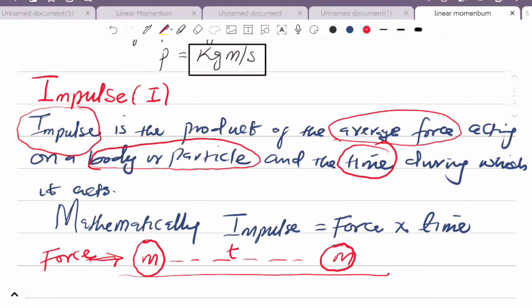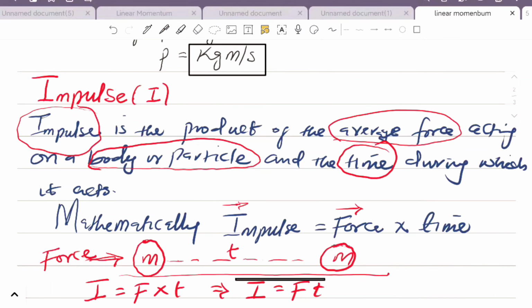So when force is applied on an object in consciousness of time, that is impulse. Impulse is a vector, force is a vector, and time is a scalar quantity. I is equal to F multiplied by T, so I is equal to Ft. Take note of this equation too. Is that clear? Very important. I'm highlighting them so that you understand.